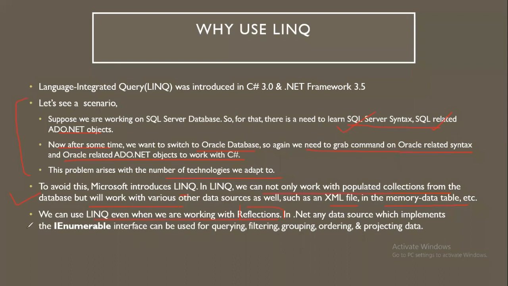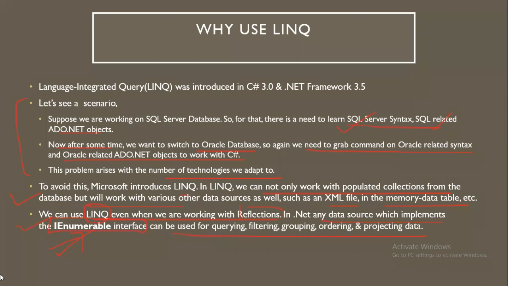You can also use LINQ in your reflection API. In .NET, any data source which implements the enumerable interface, an important thing, can be used for querying, filtering, grouping, ordering, and projecting data. So any data source which uses this interface, we can use LINQ there. That is the meaning.